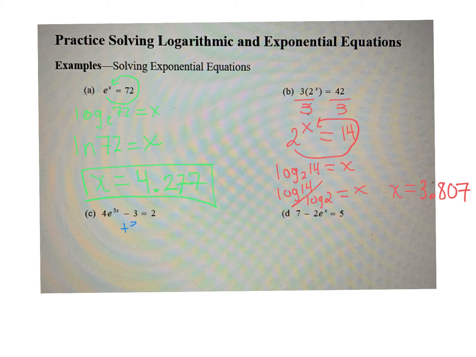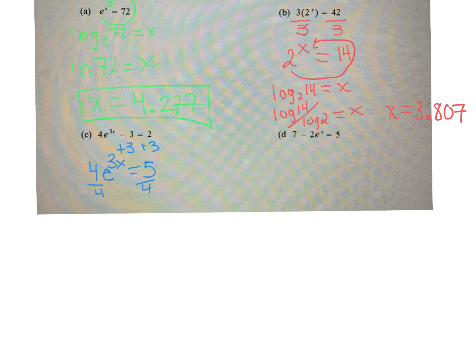On C, you have to add the 3 over first, so you get 4e to the 3x equals 5. Then divide by 4. So now we have e to the 3x equals 5/4 or 1.25. Then convert to log.